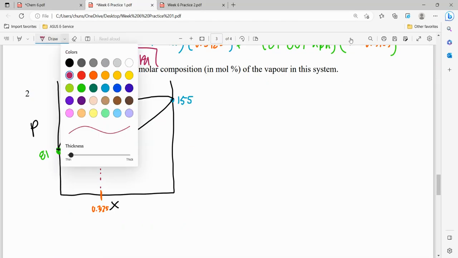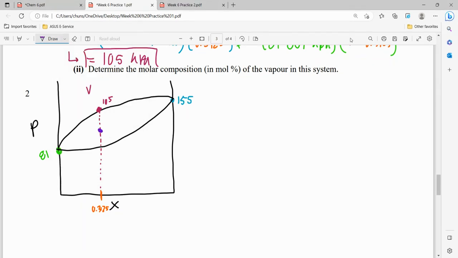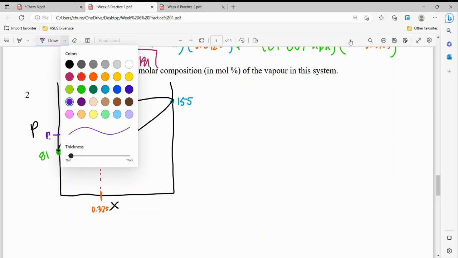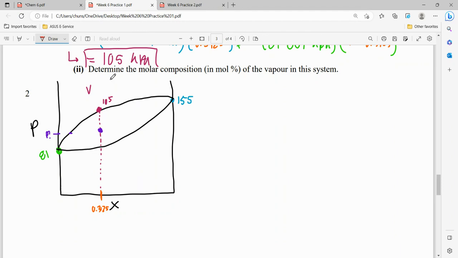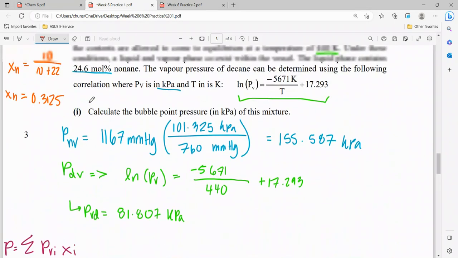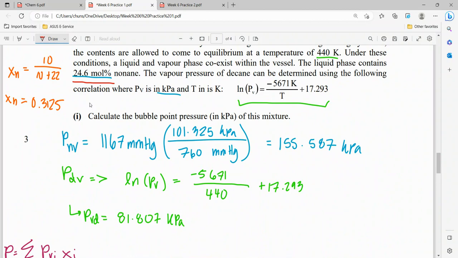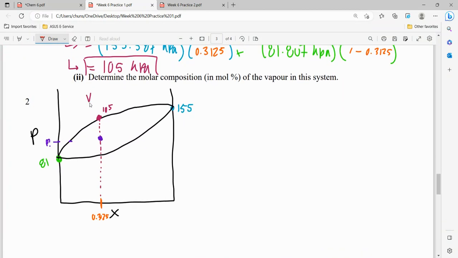So we want to find what our pressure is first for some point here, for some pressure here. And we are given this value for our liquid phase at this point, which is 0.24.